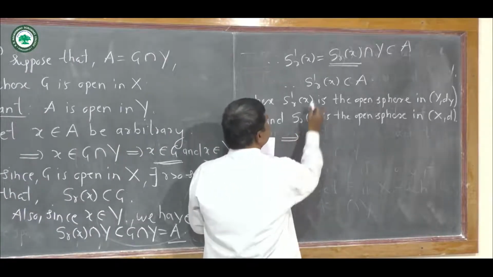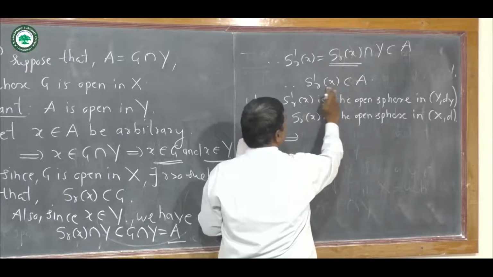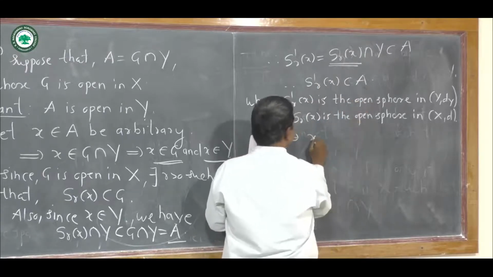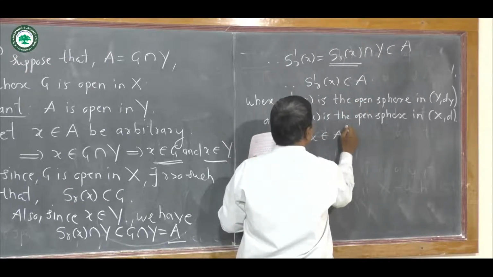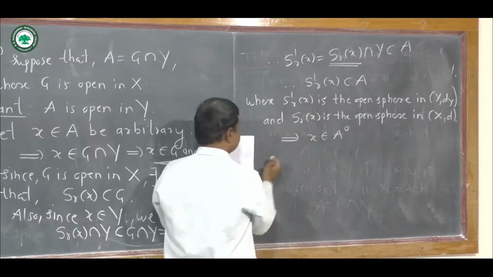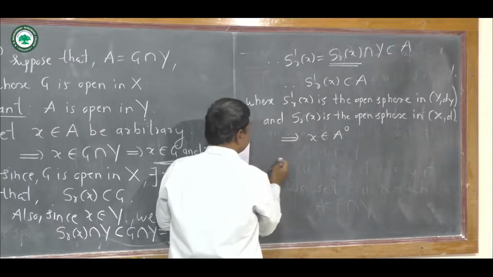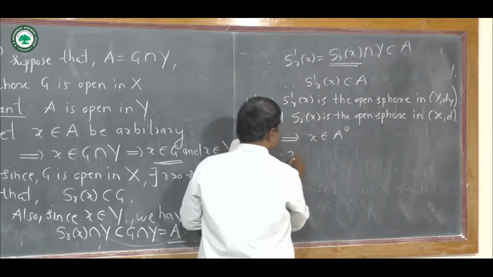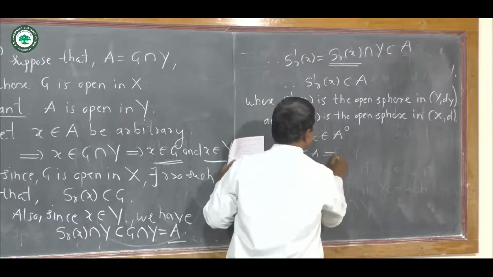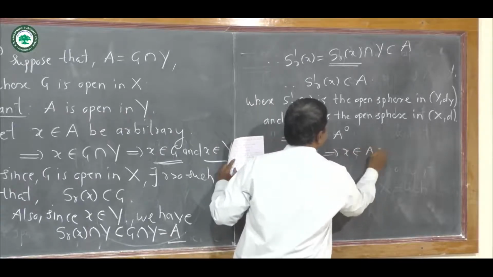Now since this open sphere is properly contained in A, this implies that x belongs to A interior. So x belongs to A implies that x belongs to A interior.